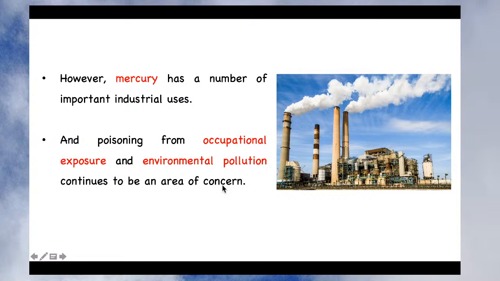which continues to be an area of concern. If you know that you are exposed to mercury due to your occupation, then one way to avoid mercury poisoning is to change your occupation, or take all preventive measures to avoid entry of that mercury into your body. For example, you can use a mask. If the mercury is in the form of vapor, you must use a proper mask.